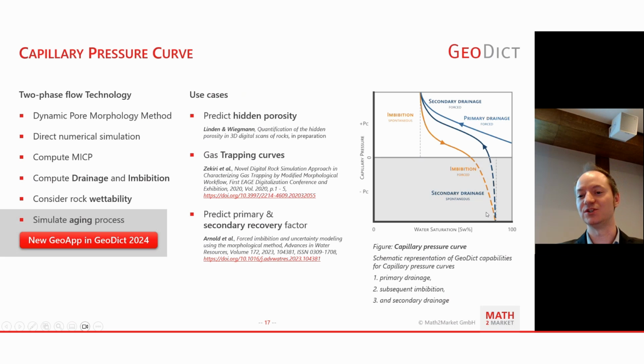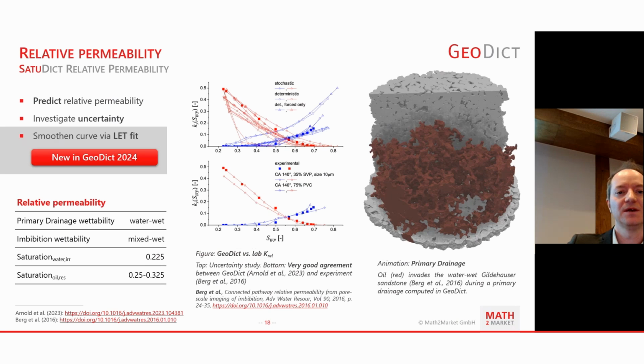So that's what you can do in GeoDict. And you can also predict a secondary drainage based on the endpoint and basically compute the entire hysteresis cycle as you wish. So that's what's available in GeoDict. And having these drainage or imbibition simulations, you can predict the relative permeability for these.